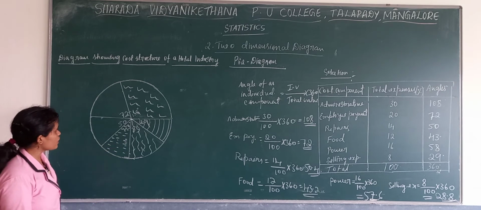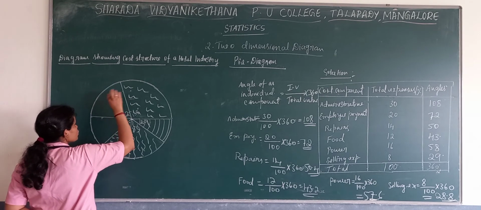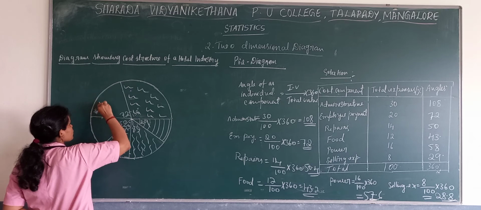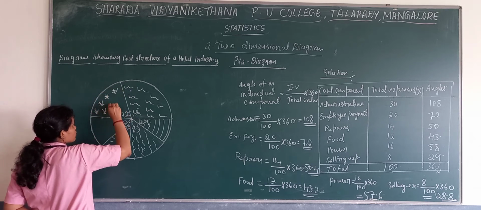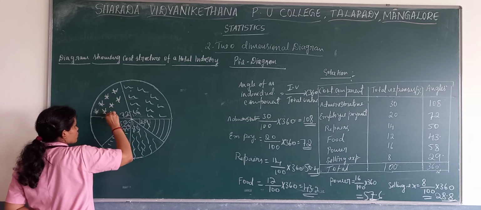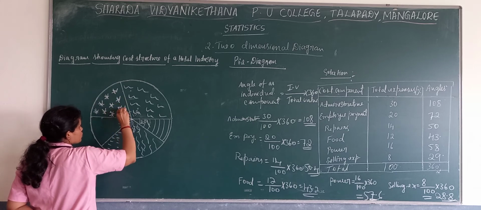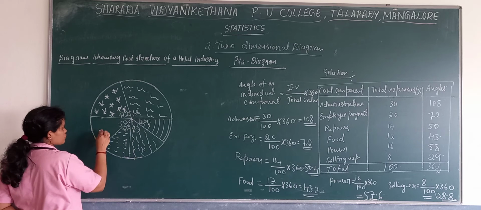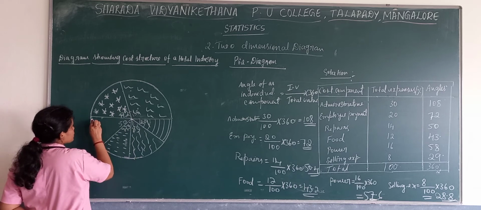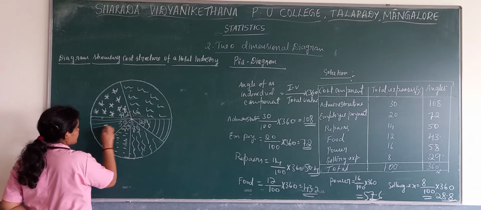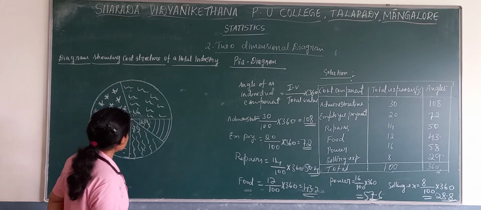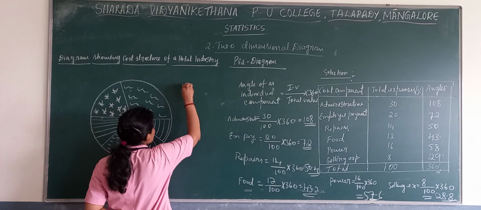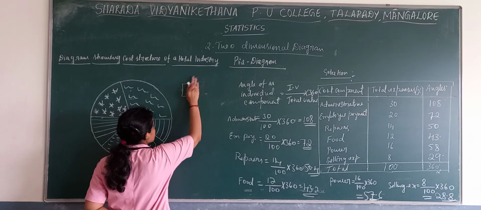Now here it is the straight line. Now write the index there, which represents the index.